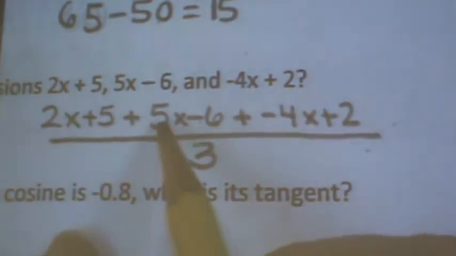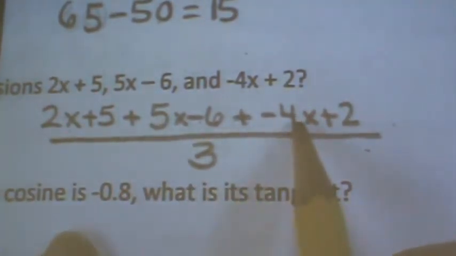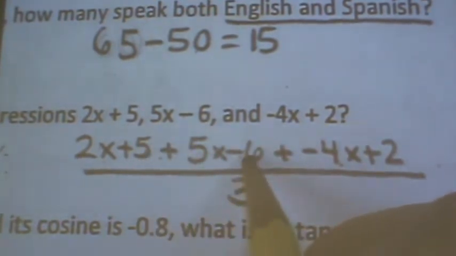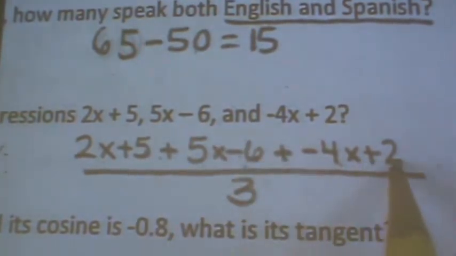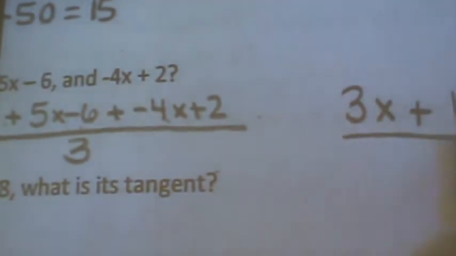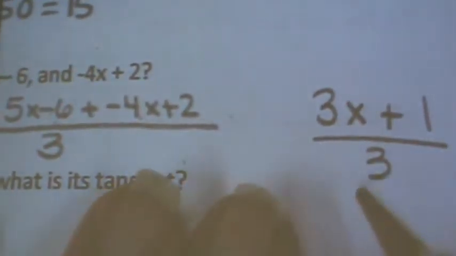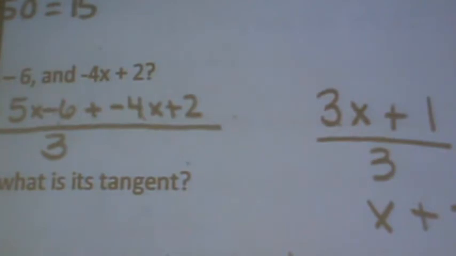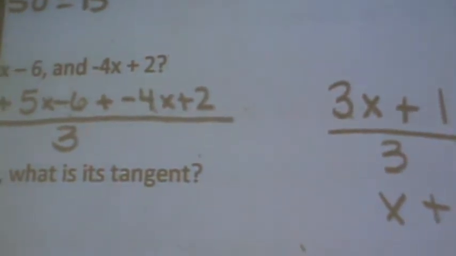What's 2x plus 5x plus -4x? 3x plus 5 minus 6, which is -1, plus 2, all over 3. Now you get that. Can you simplify that? Yes, 3 goes into 3x. So that's your best answer, x plus 1/3. Any questions on that?